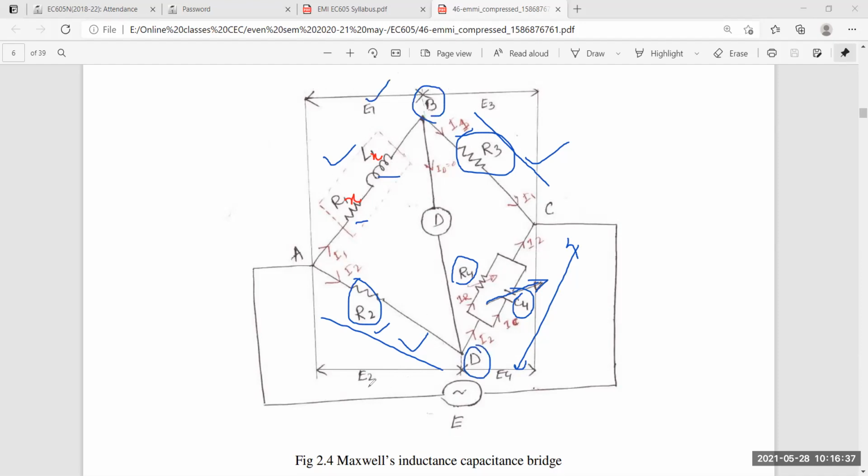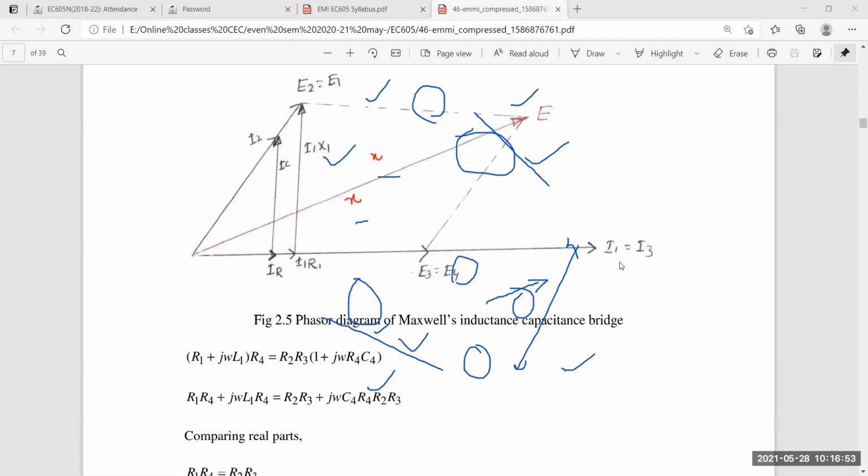So this is the picture. Here again you have to take into account the impedance of the four arms. Before going to that, let me show you the phasor diagram once more. Yes, this is the phasor diagram.